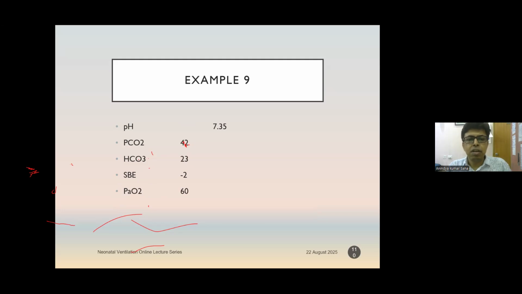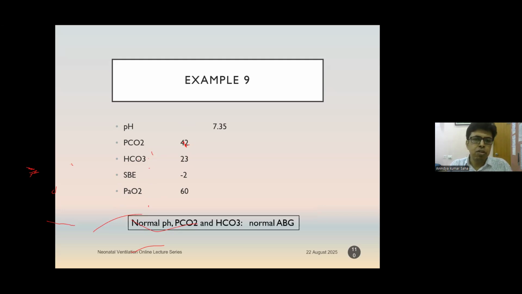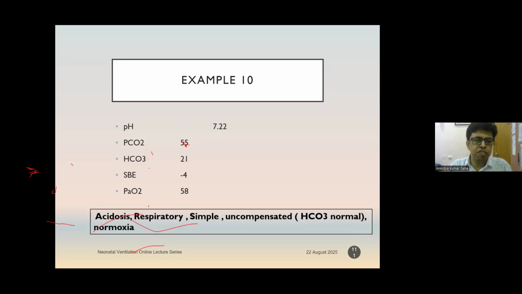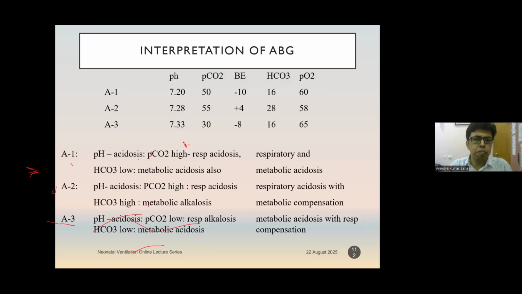Example 9: pH is 7.35, PCO2 is 42, base excess is -2, PaO2 60, bicarbonate is 23. So it is an example of a normal ABG. So this is all about examples of primary acid-base disorder and some compensation. Example 10 is another disorder, primary respiratory acidosis, but it is uncompensated.